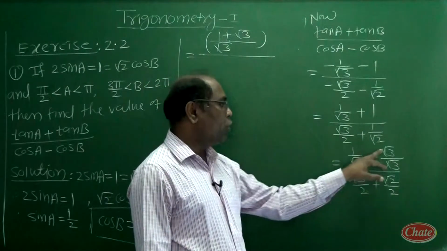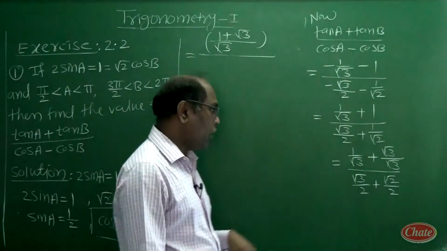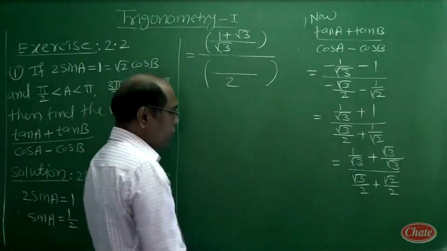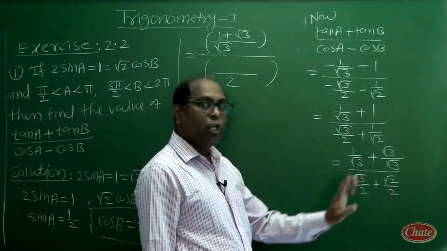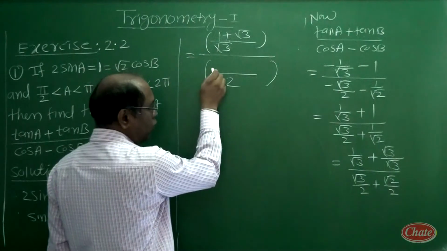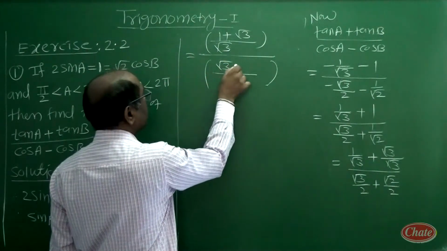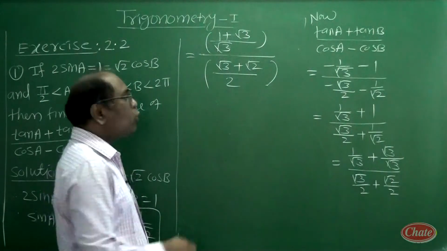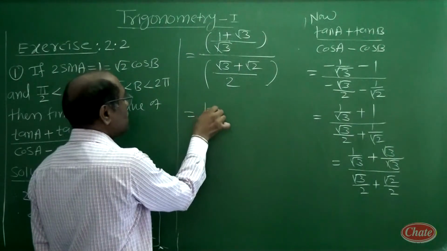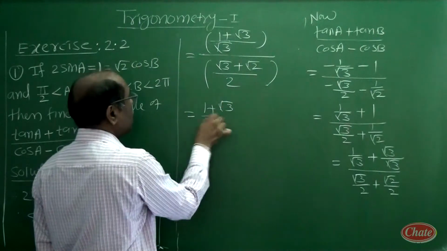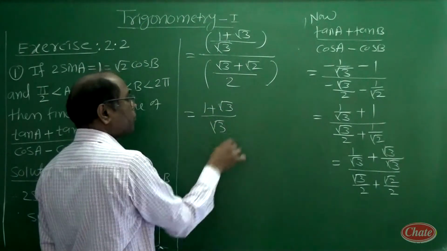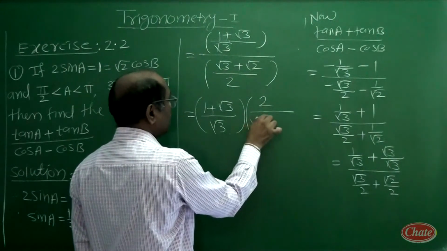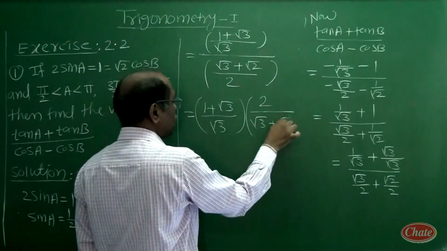Now take the addition of the numerators, 1 plus root 3 divided by root 3, and here also the denominators are same, that is 2. Now take the addition of the numerators, that is equal to root 3 plus root 2. Now division is opposite to multiplication, so it can be written as 1 plus root 3 upon root 3 into 2 divided by root 3 plus root 2.